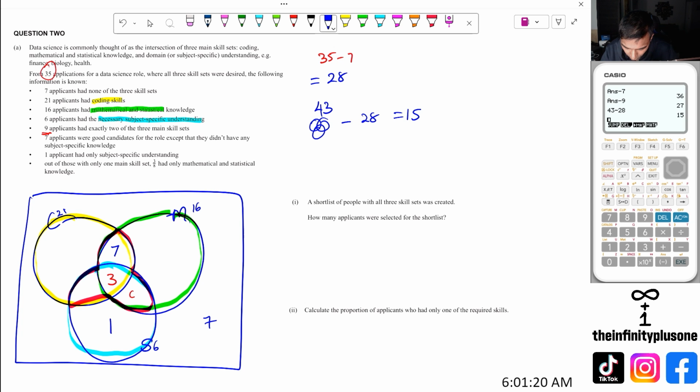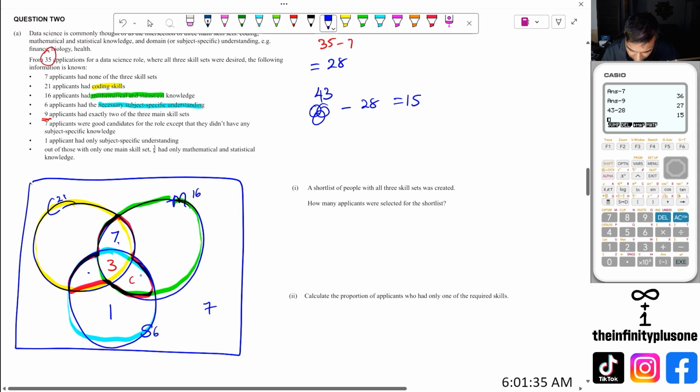All right, so what we're going to do next is that I now know that this red zone there is actually not equal to 15. It's 12, because we've got this plus this is 9. So it's going to be 12.